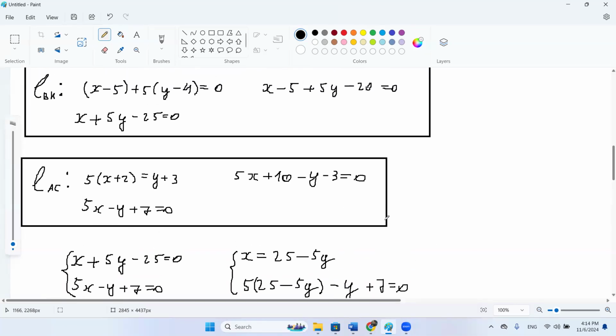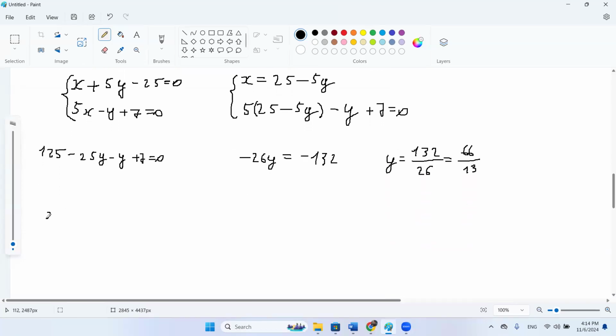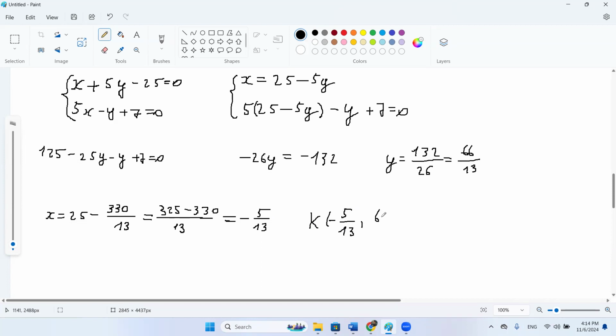Then what next? We need to find x. So x equals 25 minus 5 times 66 by 13, which is 330 by 13, so 325 minus 330, so minus 5 by 13.